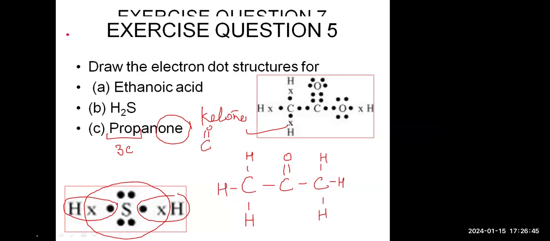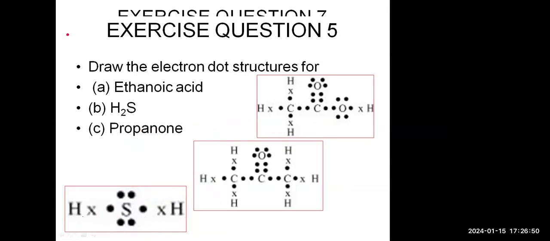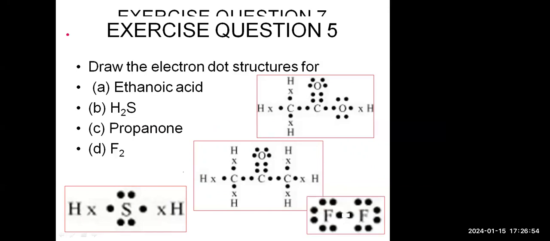CH3COCH3. This is how we draw it. And finally, fluorine F2. This is how fluorine is drawn. It has 7 valence electrons.